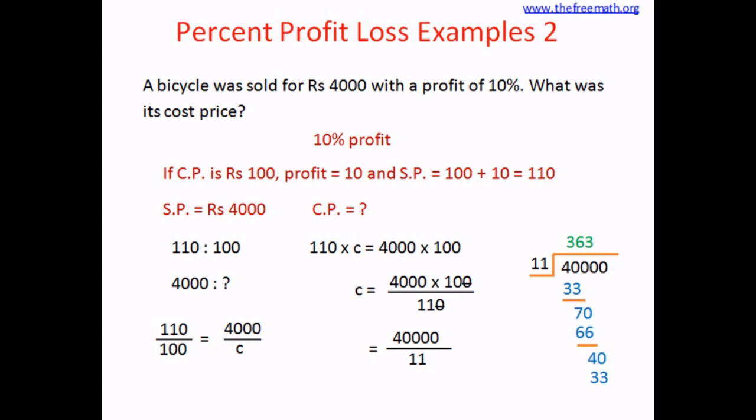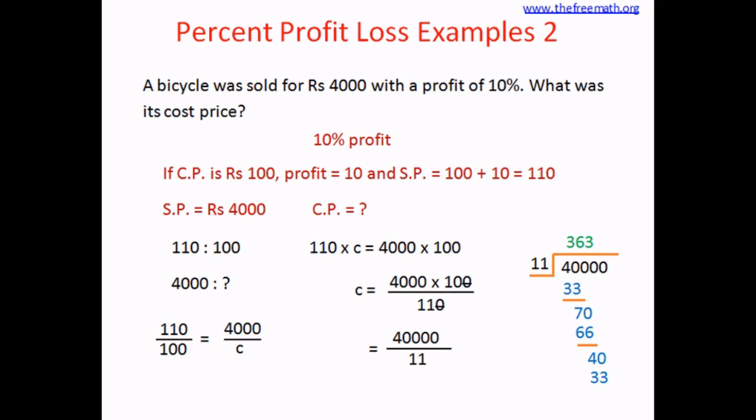So divide 40 by 11. 11 3s are 33. The remainder is 7. Bring down the next 0. So divide 70 by 11. 11 6s are 66. The remainder is 4. Bring down the next 0. 11 3s are 33.